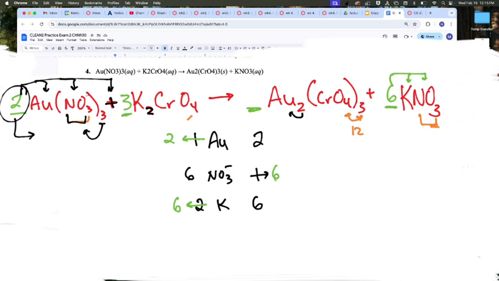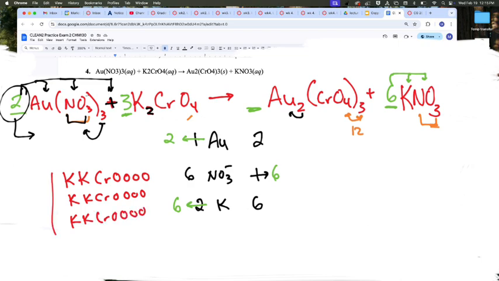So what this says is I have K2, whoops, let's write it out slightly differently. K2CrO4, right? But I have 3 of these. How many potassiums are there? 6.